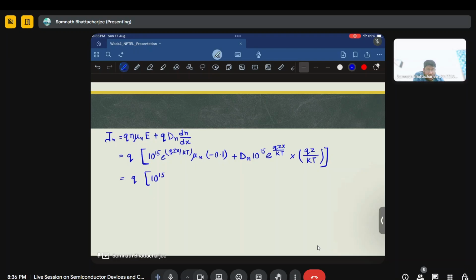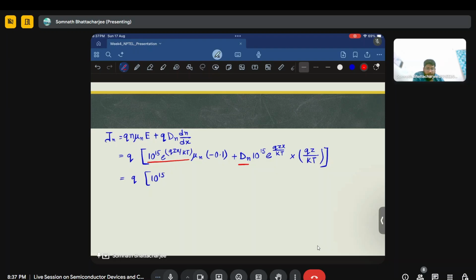Is there any issue? Please repeat that part. How do we put the value of dn by dx? Yeah, so dn by dx is 10 to the power 15, right? This one is the value of n. But in the question, the value of Dn is 36, sir. No, I haven't put the value of Dn right now.